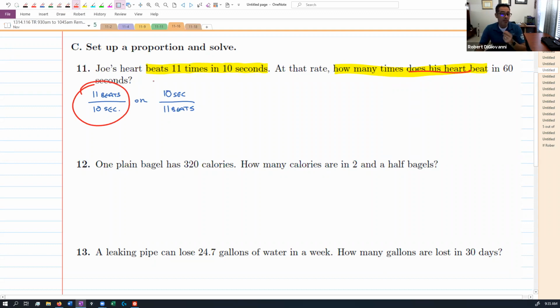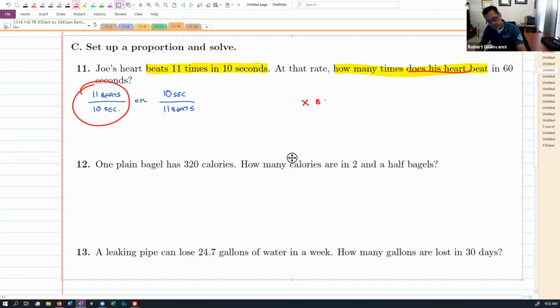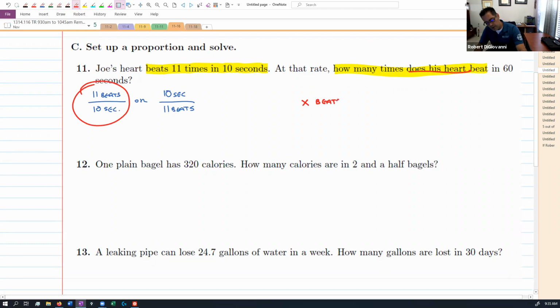So now I set up the proportion. Using the fact that I'm looking for x, x beats is what I'm looking for over the time that I'm given, 60 seconds, and that should be proportional to this ratio here, 11 beats in 10 seconds.